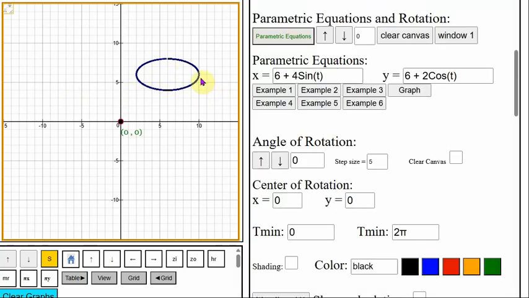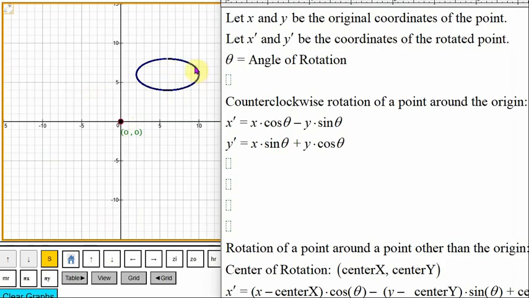And now what I want to do here is I'm going to rotate this ellipse with the center of rotation at the origin right here. And to rotate this ellipse counterclockwise, we have these formulas right here.